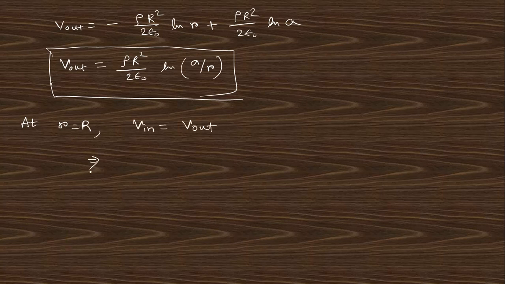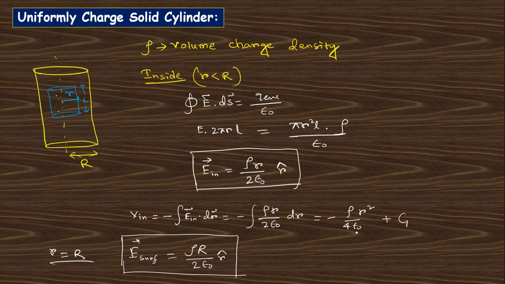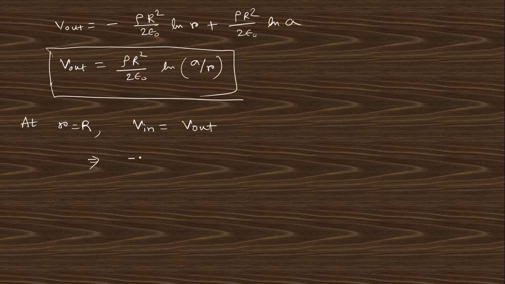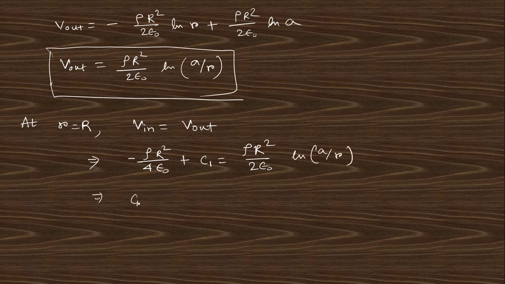So V in is minus rho r square by 4 epsilon naught plus C1 equals to V out. So small r equals to capital R, rho R square by 2 epsilon naught ln a by R. So from here you get the value C1 equals to rho R square by 4 epsilon naught as a common.